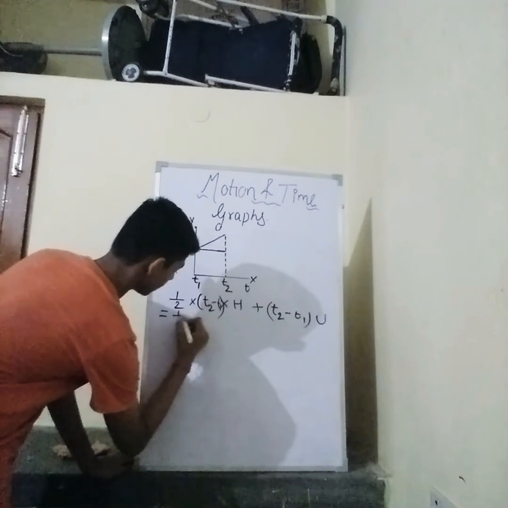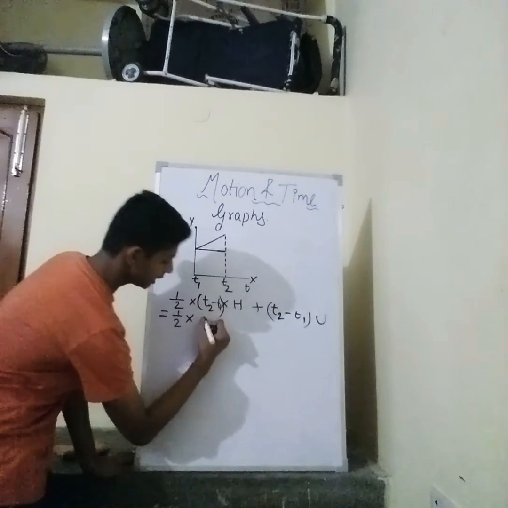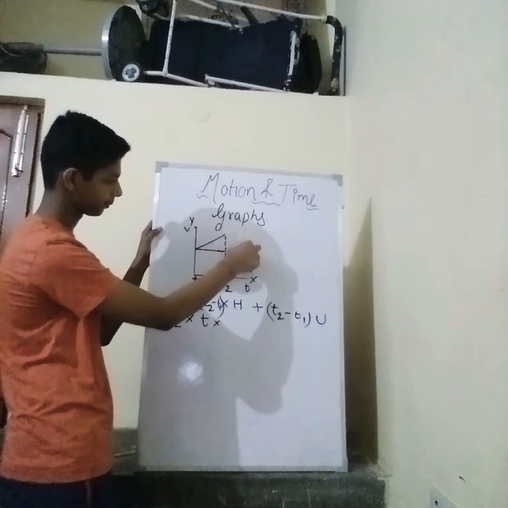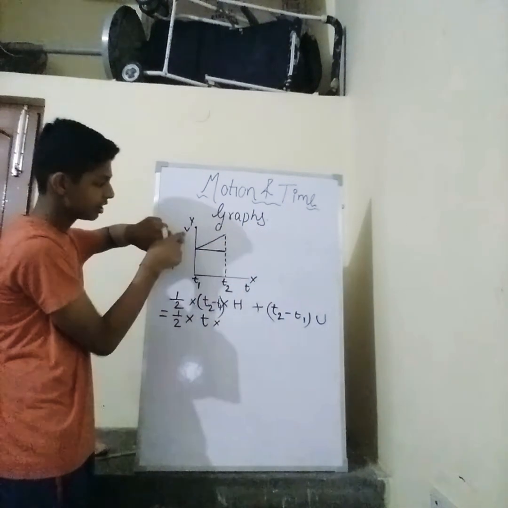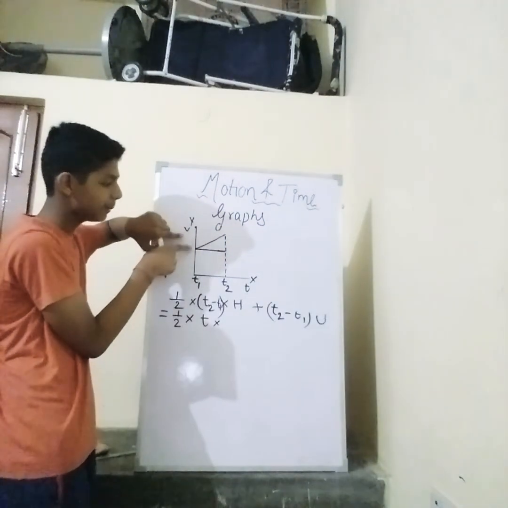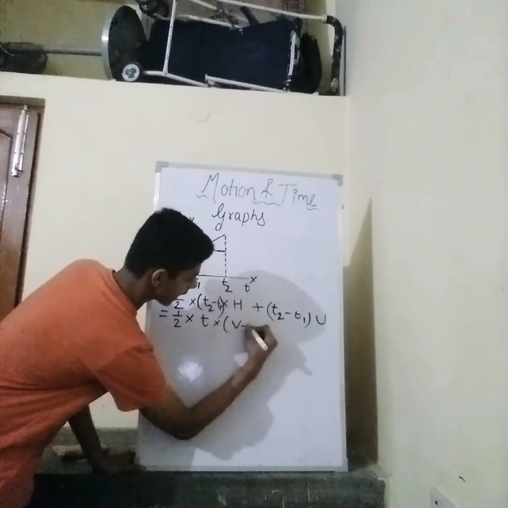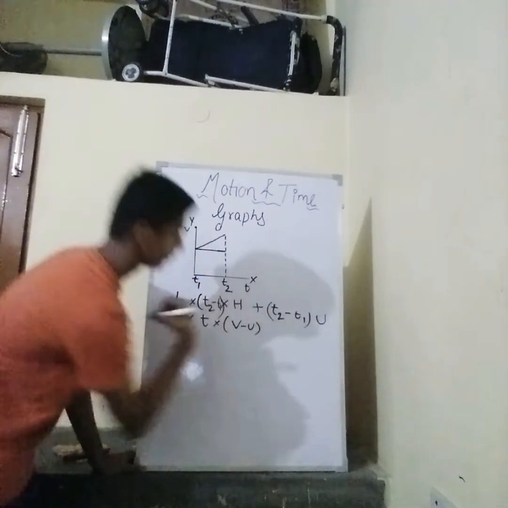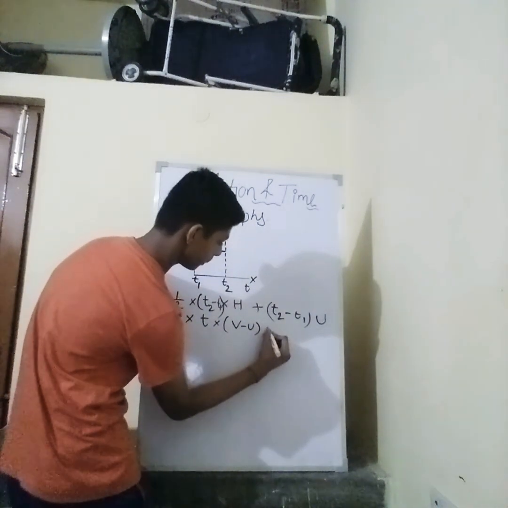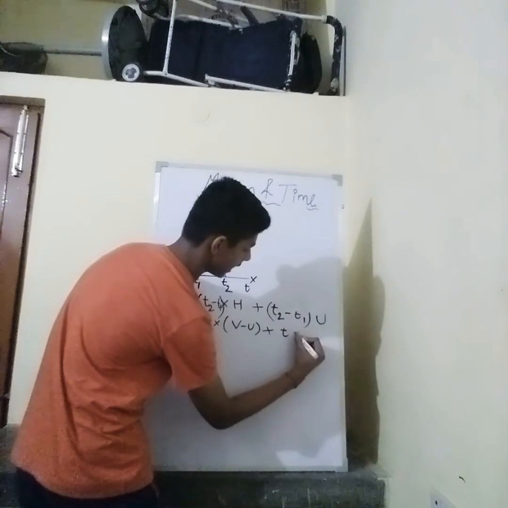Then 1 by 2 into, this will result in t, and height is this, meaning this is V, the final velocity, and this is U, so the height is V minus U. We will write it V minus U. Okay, here also plus, it will result in time and it is u.